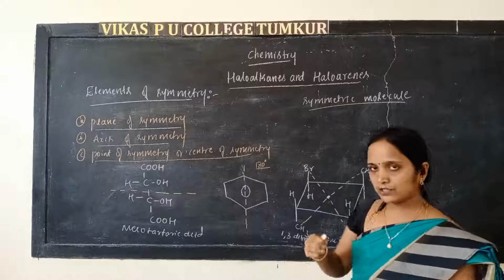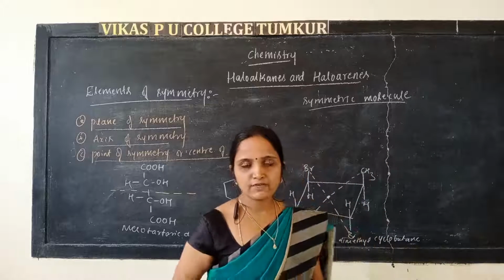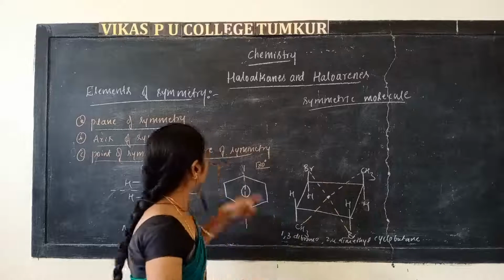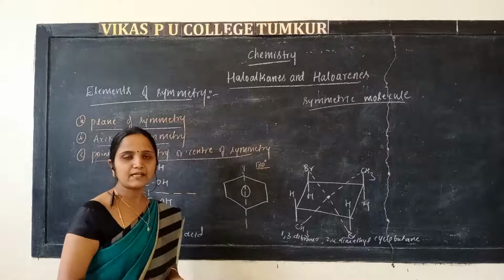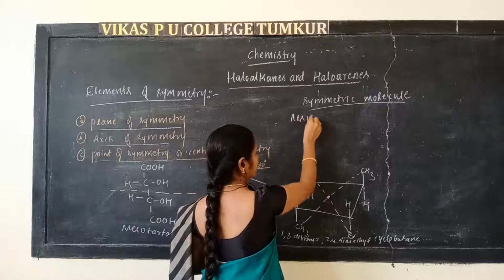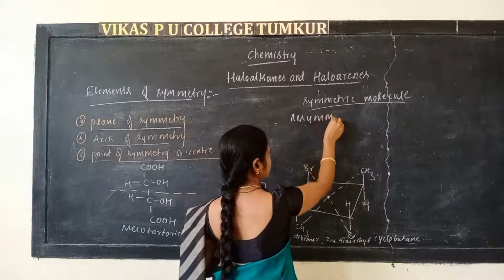A molecule that does not have any of the three elements of symmetry, we call an asymmetric molecule.